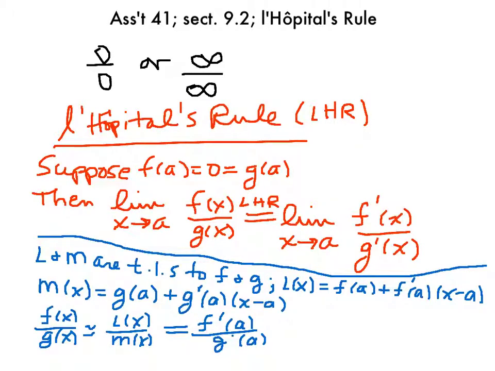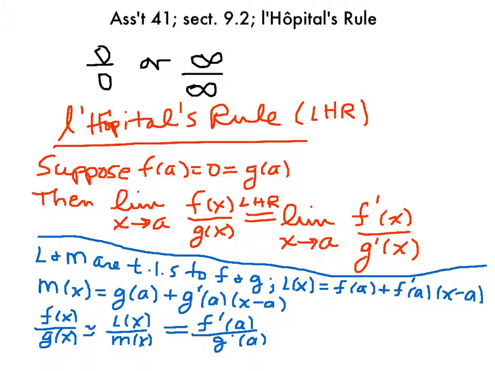So this really isn't a formal proof, but here's why this works. Let's let L be the tangent line to f, and M be the tangent line to g at a. So therefore L of x is equal to this, and M of x is equal to this.